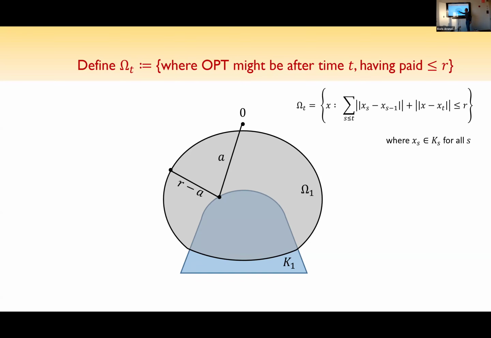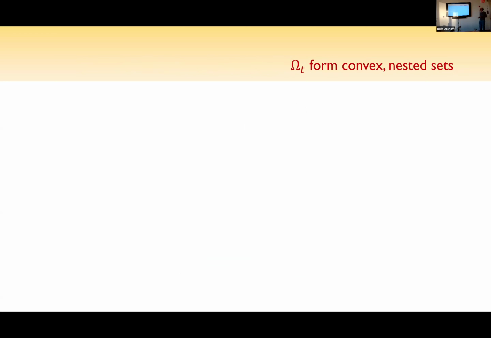But after you've seen, let's say, this weirdo thing, you just look at all points which can hit this K_1 and have the total length at most R. It's some kind of weirdo truncated ball. After a little while, it's this weird object. Weird, but still nice.